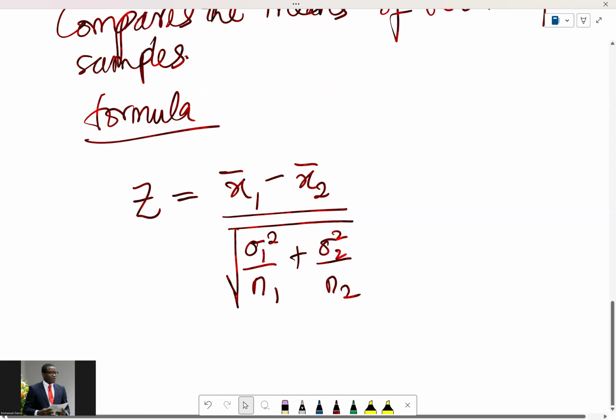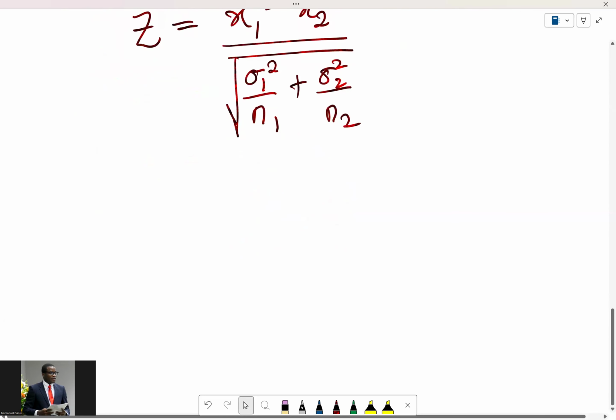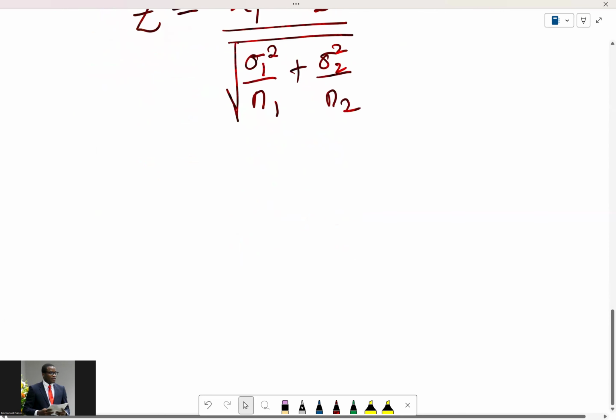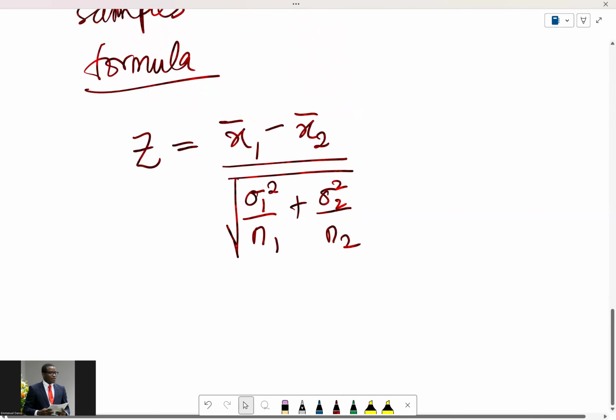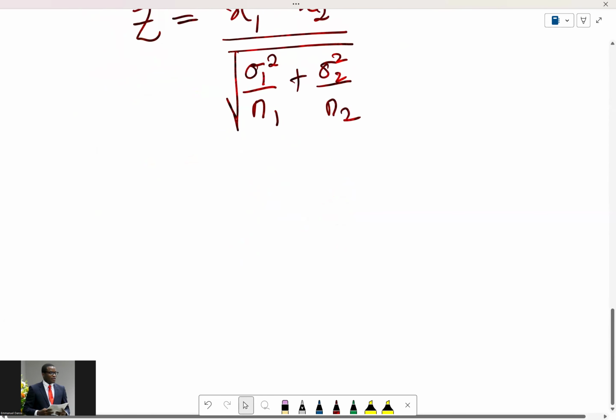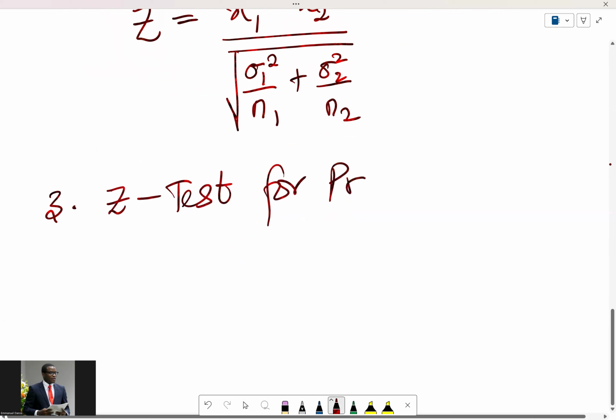Then we also have number three. Of course, this is to do the test statistic and then compare with the standard value from the table. So number three, we have the Z test for proportions.